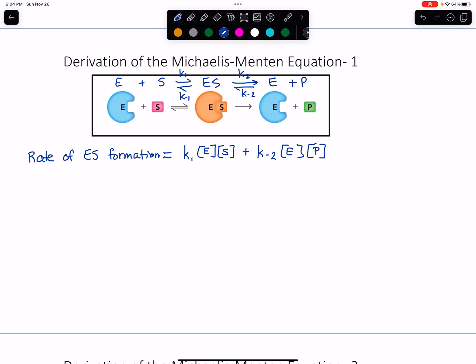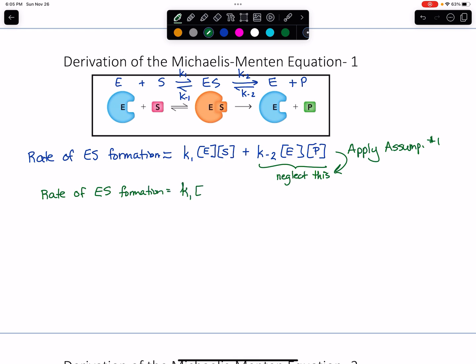All right, so now we're going to apply assumption number 1, which means we can neglect this. I like neglect better than ignore. Okay, and so that gets us to the rate of enzyme substrate formation is equal to just K1 times the concentrations of the enzyme and the substrate.